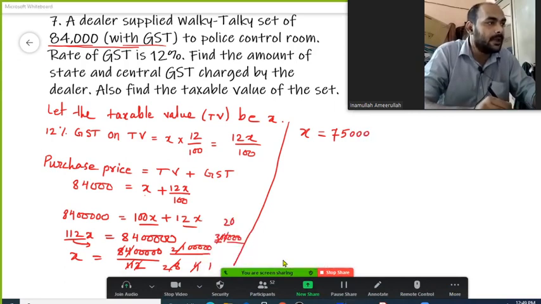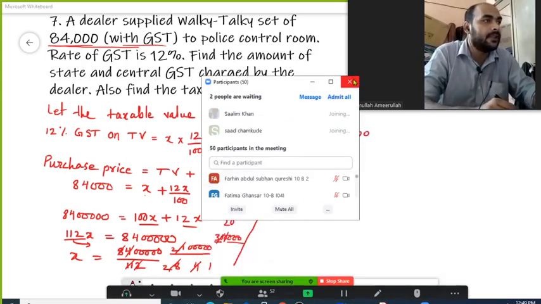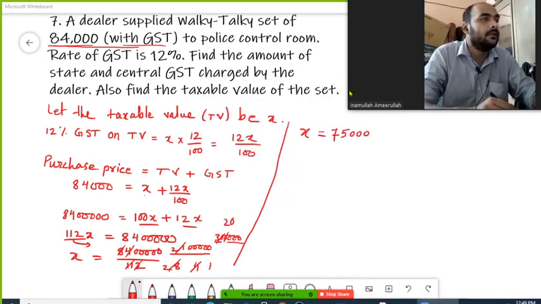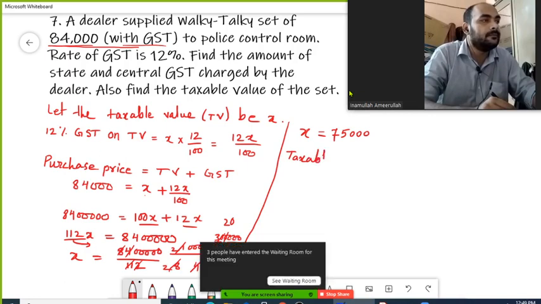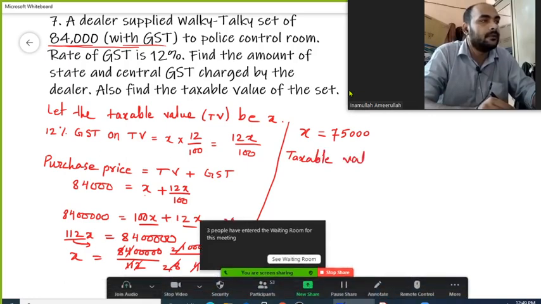So x would be 75,000, which means the taxable value is rupees 75,000.